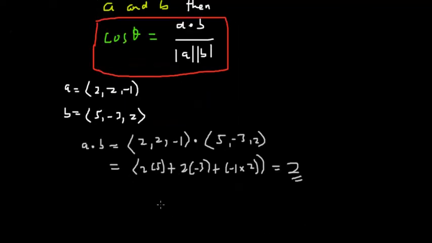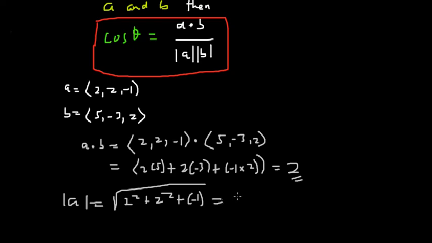Now let's move on to the length of the vectors. Let's find the length of vector A. We have the root of 2 squared plus 2 squared plus -1 squared. When you compute this, you end up with 3.